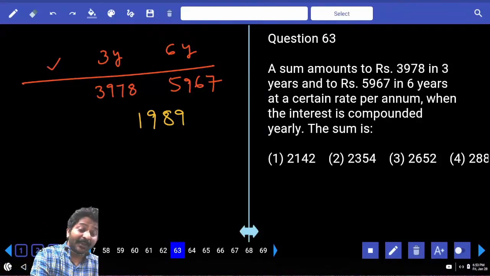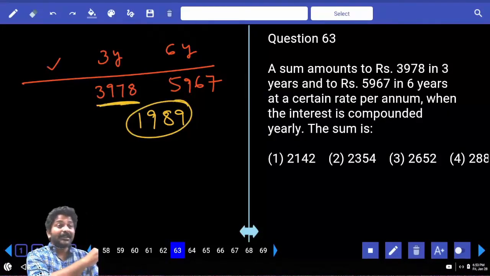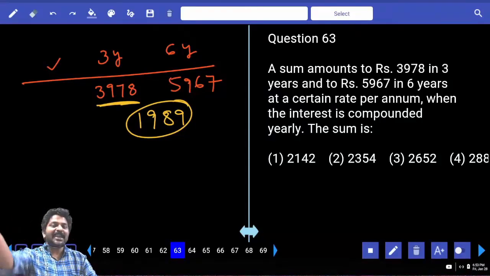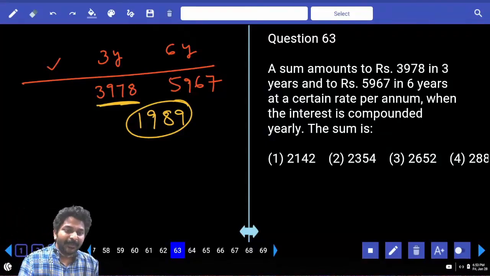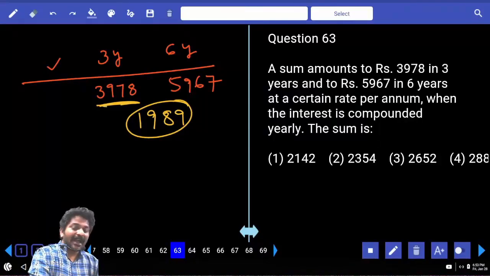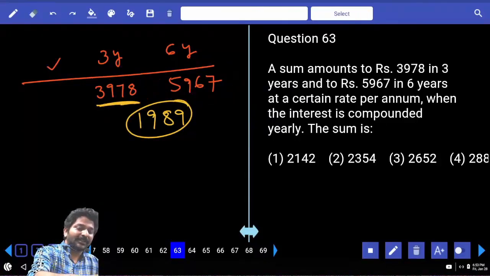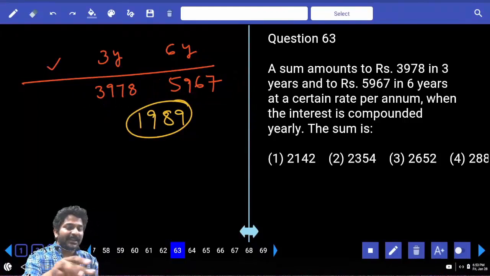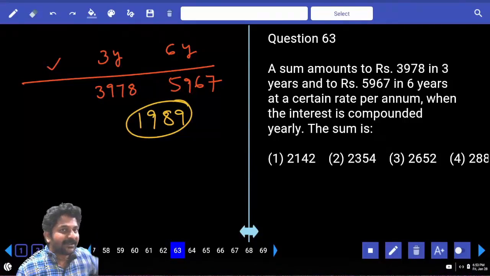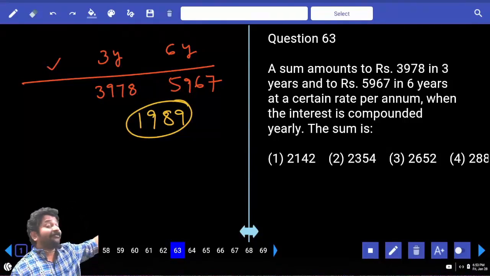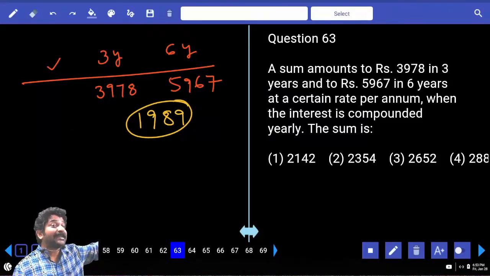Now identify 1989 is what fractional part with respect to the amount after 3 years, because interest is calculated on principal only, right? Between these two numbers I am treating this as principal and this as amount. So whatever the difference we have, 1989, must be calculated on 3978 only. What fractional part or what percentage is that?